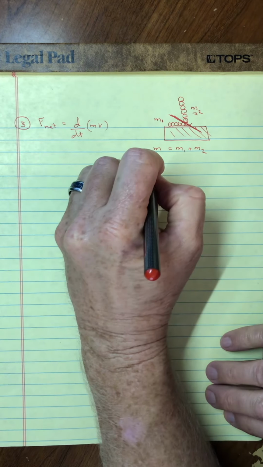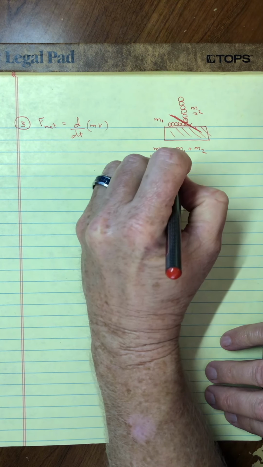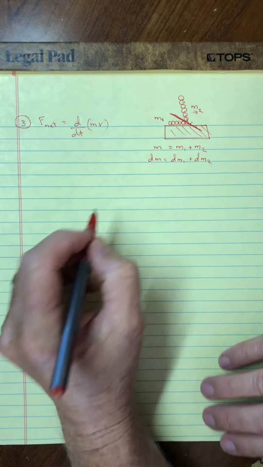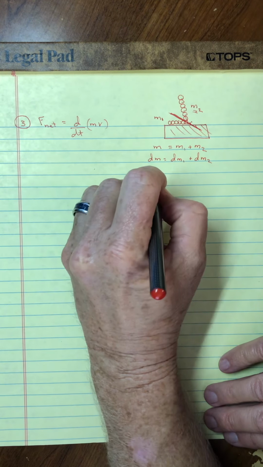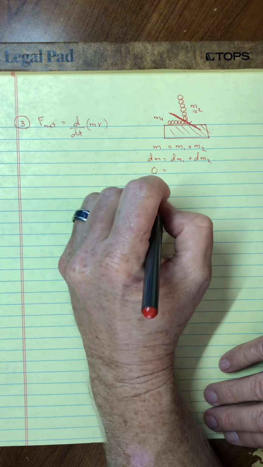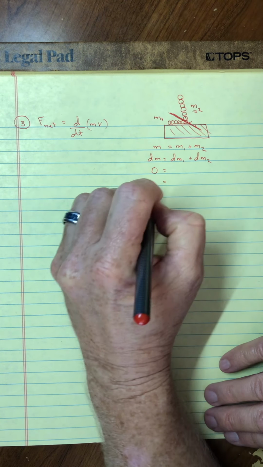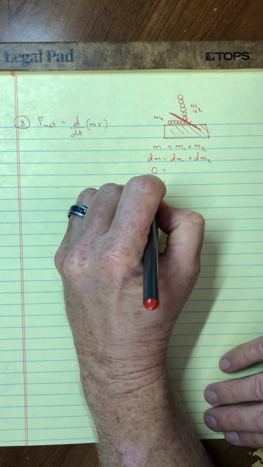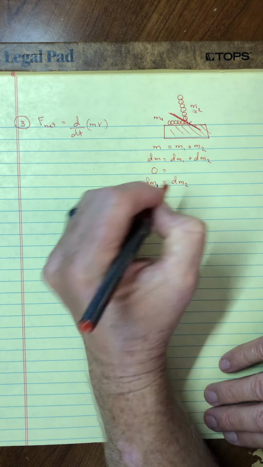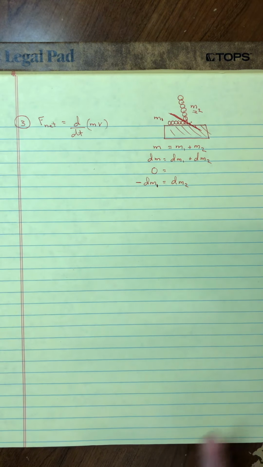Let me take the differential of this. dm equals dm number 1 plus dm number 2. Now, the total mass doesn't change, which, of course, really just means that there is a negative sign between how the mass in number 1 and how the mass in number 2 change. And that's not a surprise.